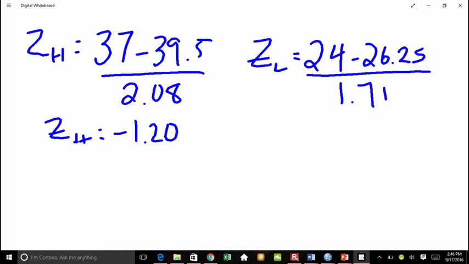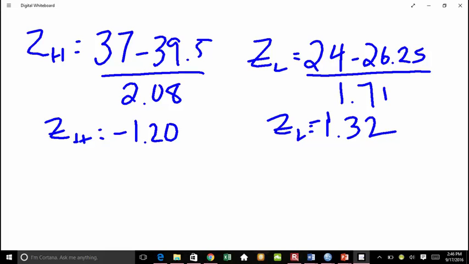So that is not right, what I just did. Let me do it this way. 24 minus 26.25, negative 2.25 divided by 1.71 is a z-score for Lori of negative 1.32. You can read that.